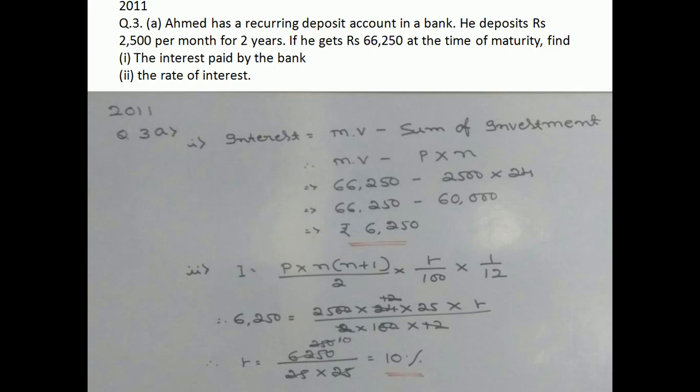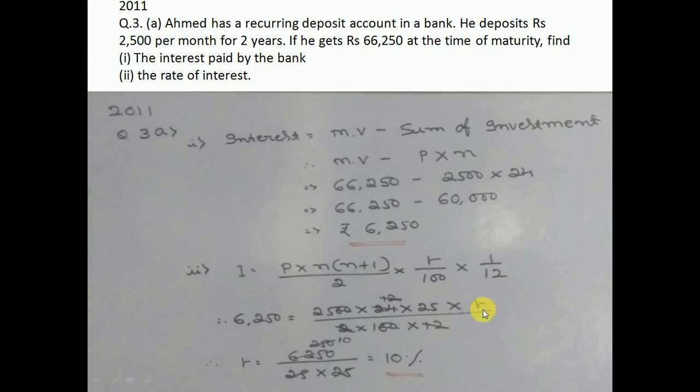See, the question has been asked in a different way here. Now there is no formula actually. It is the basics of mathematics. Once you get the interest part, then it becomes simple to calculate the rate of interest, because we know the formula. Interest is equal to this. Interest is 6250, which we calculated just before. Substitute the P, N plus 1.